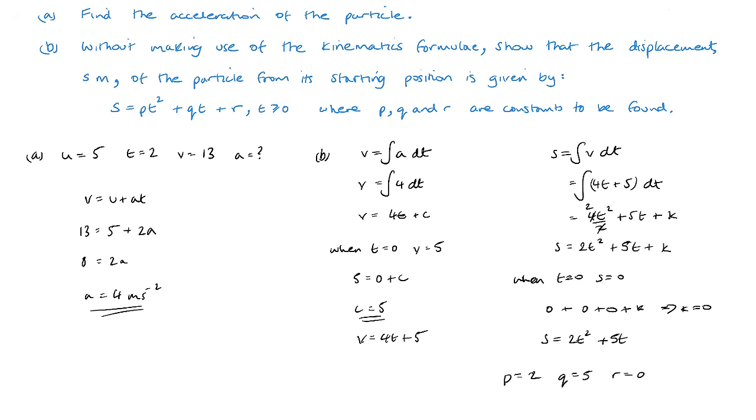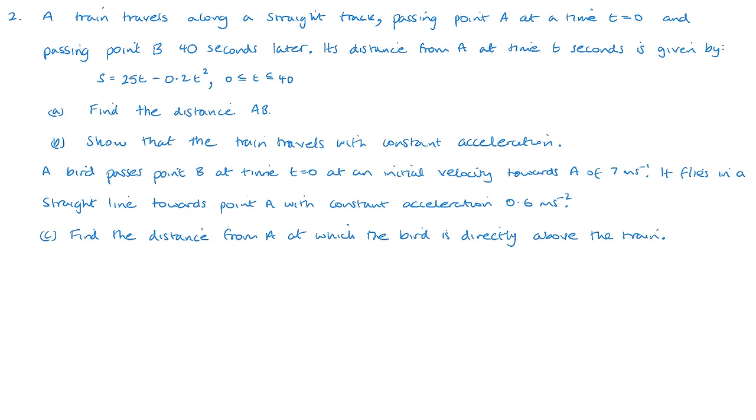Otherwise, let's dig into question 2. So here it is. We have a train travels along a straight track passing point A at a time t equals 0 and passing point B 40 seconds later. Its distance from A at a time t is given by this. Find the distance AB. Well, it passes point A at t equals 0 and point B then at t equals 40.